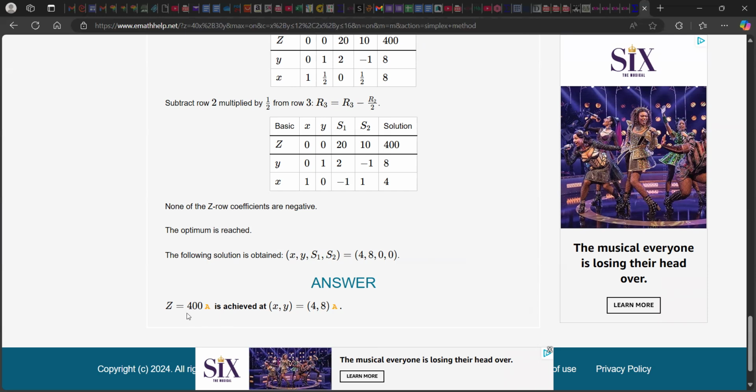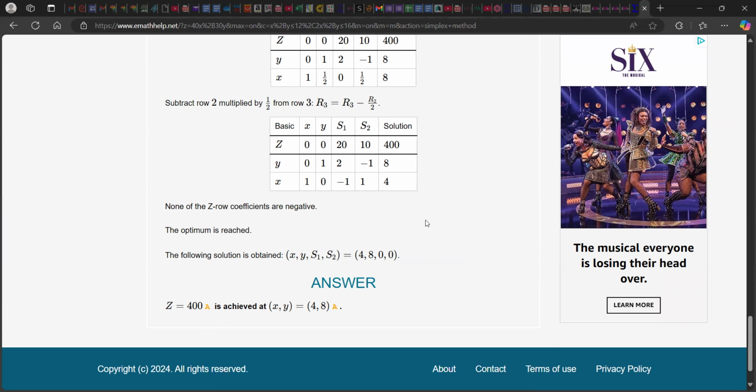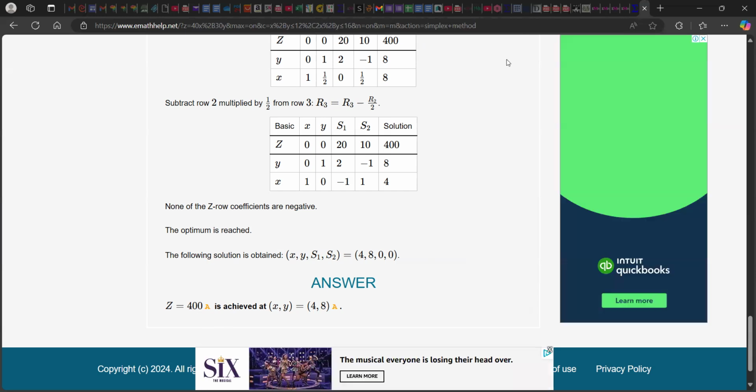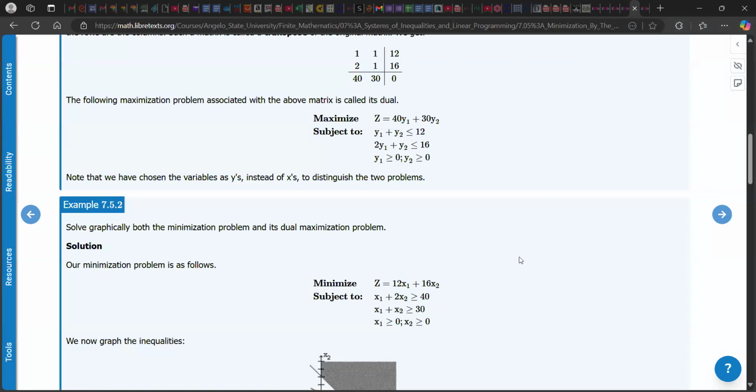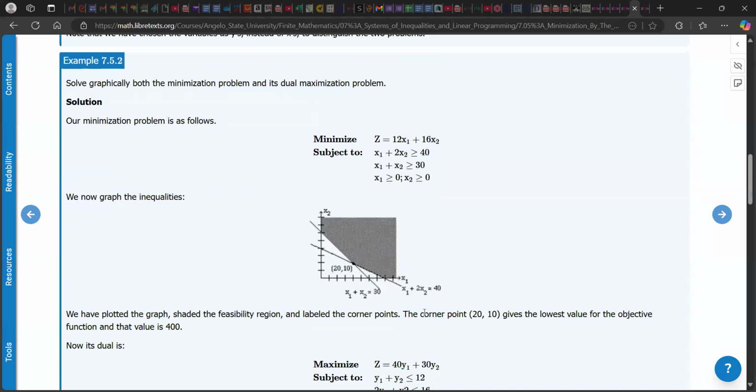Something is wrong there. We have 400, but it got 4 and 8. Wasn't it 10 and something? Was it 4 and 8? Let me go back and see what the answer was. 20 and 10.